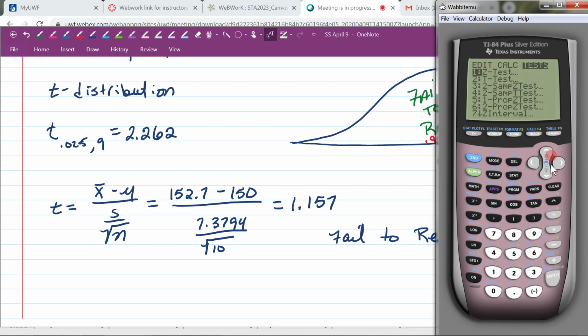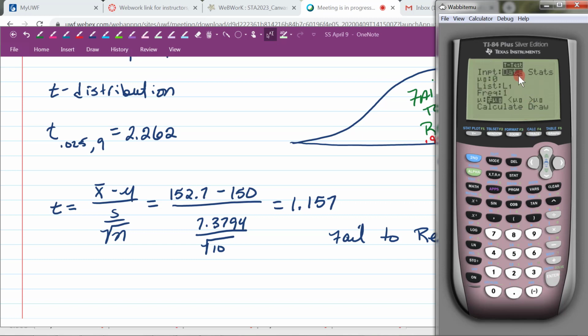You can kind of scroll through here and see we have hypothesis testing, we have proportions, we have lots of different things. It's been a while since I have been in here, so it may take me 2 attempts to get through this. I think it's this one here that I need. We're about to find out.